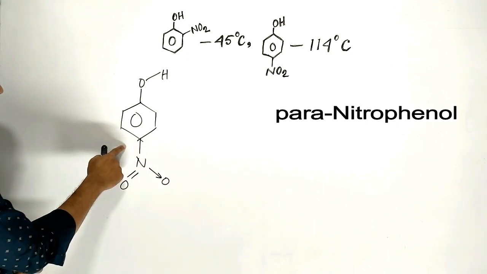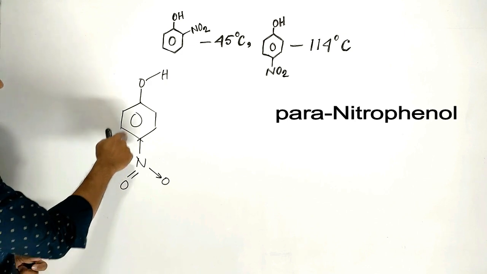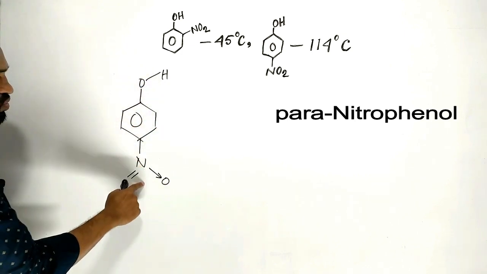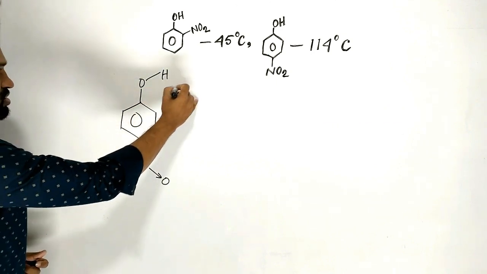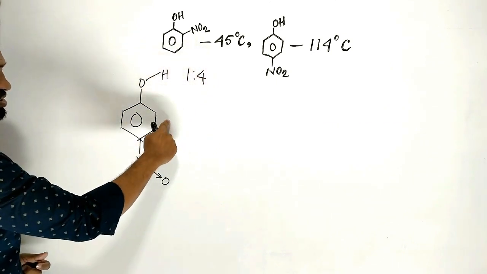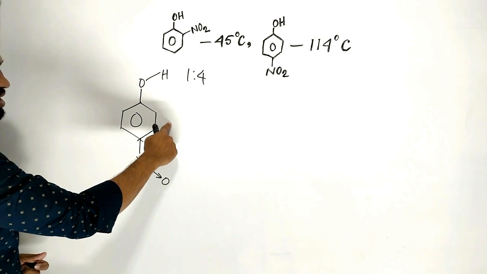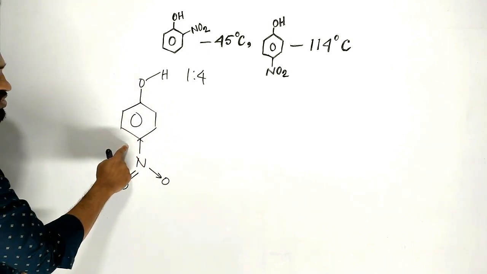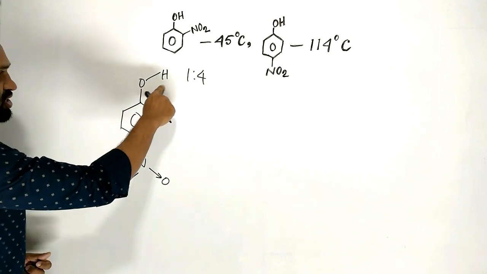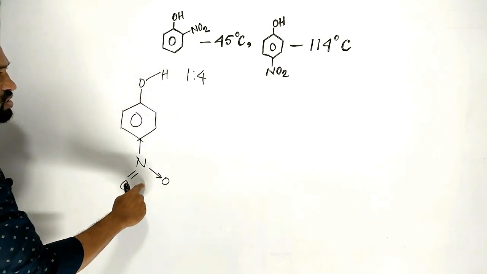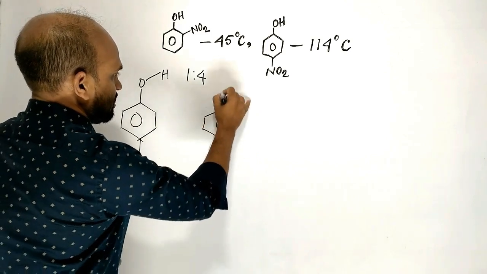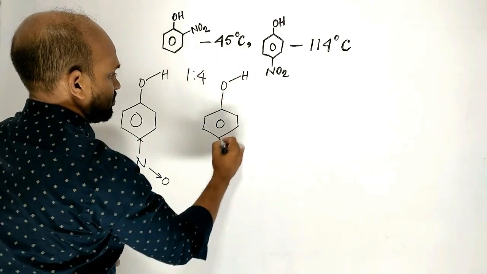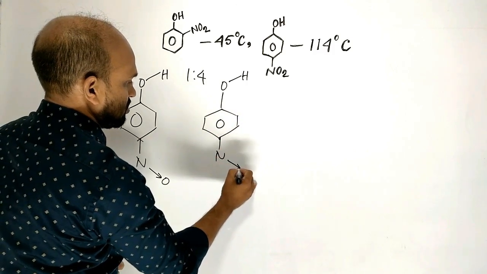Here we see that the hydroxyl group and the nitro group are at the farthest distance, that is, 1,4 positions. So in the case of paranitrophenol, no bond formation occurs between the hydroxyl group and the nitro group. But here we see another paranitrophenol.